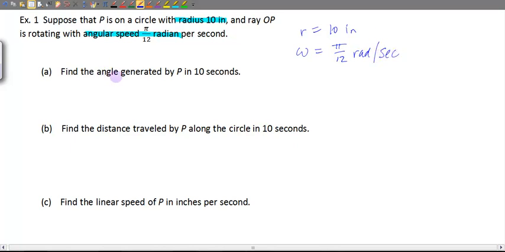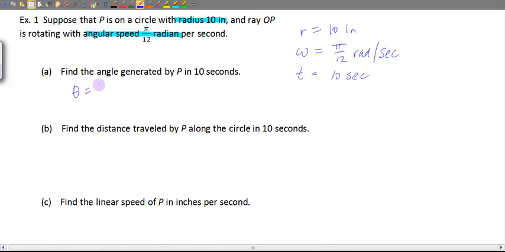And finally, in this first example 1a, I want to know what the angle generated is when I'm given time as 10 seconds. So I want to know what is the angle generated.